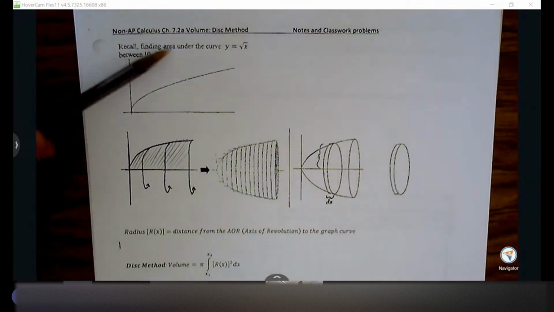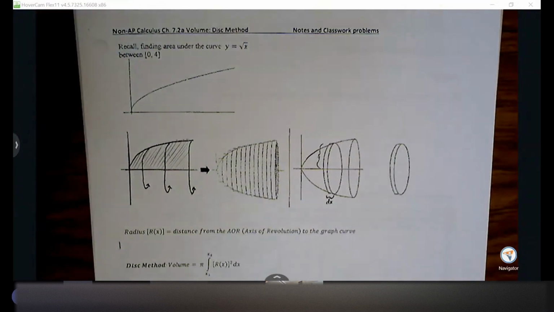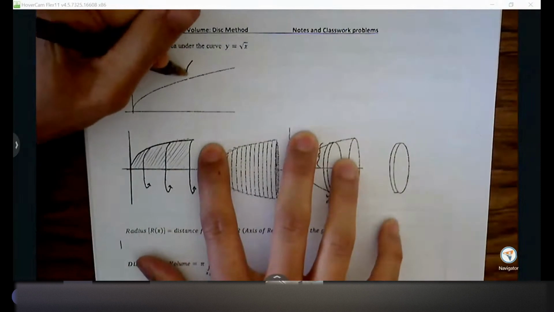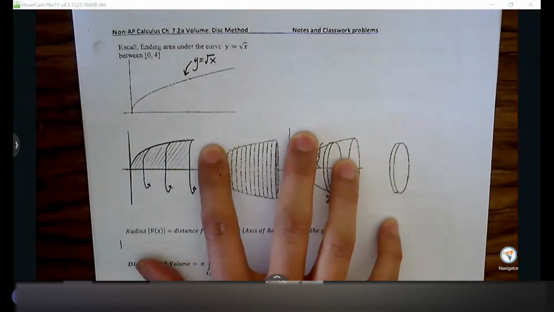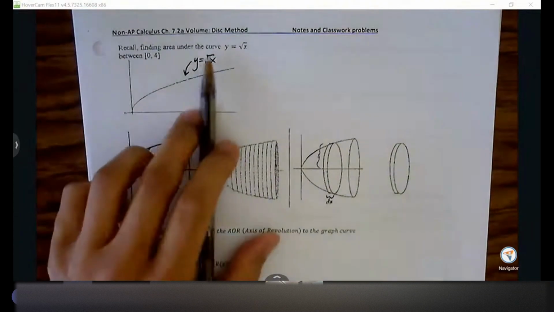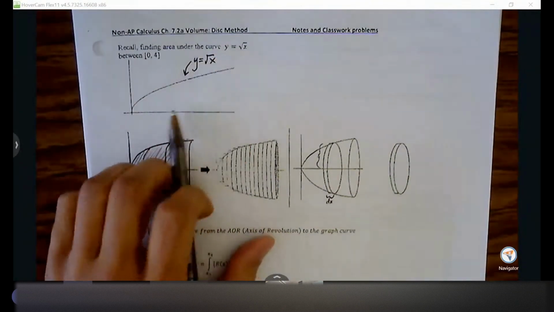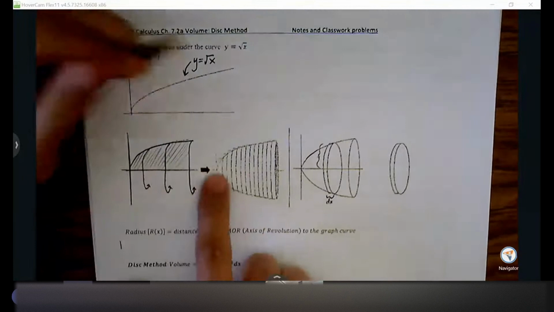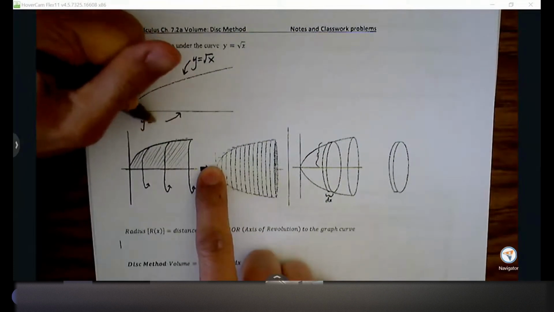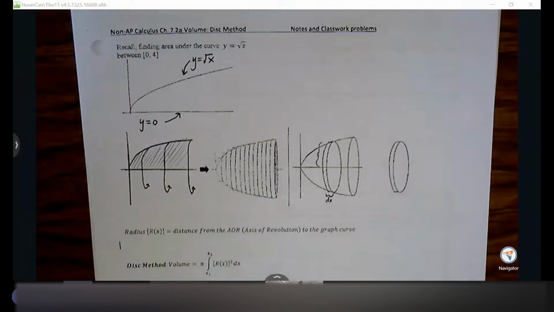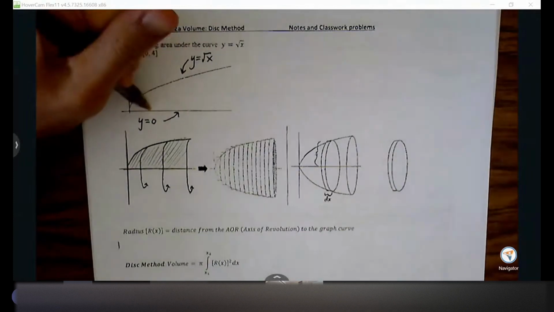So recall finding area under the curve of y equals square root of x. This is my square root of x graph here. And the understood other function is this horizontal line, the x-axis, which we know is y equals 0. Between the regions of 0 and 4, I'm just going to mark it.